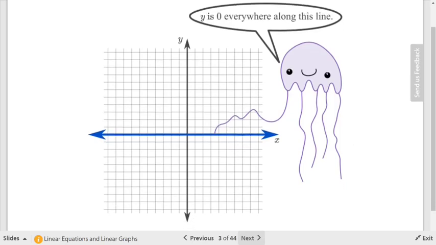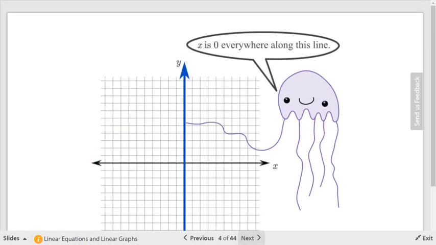Now, if it's on the X-axis, remember, that means you can't have gone up or down any. And which value, X or Y, tells you up or down? The Y tells you up or down, right? So up or down none means Y has to be what number? 0, exactly. Good.